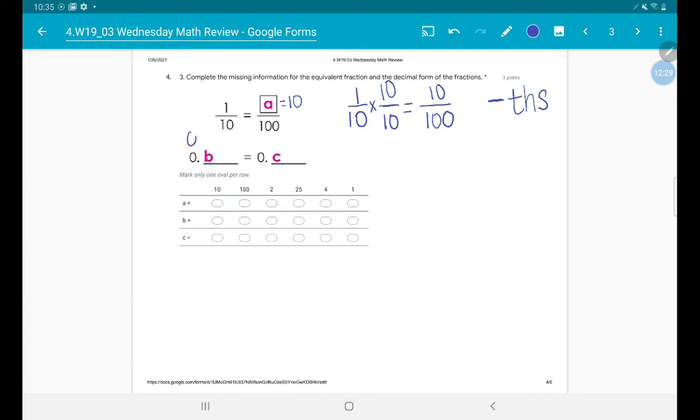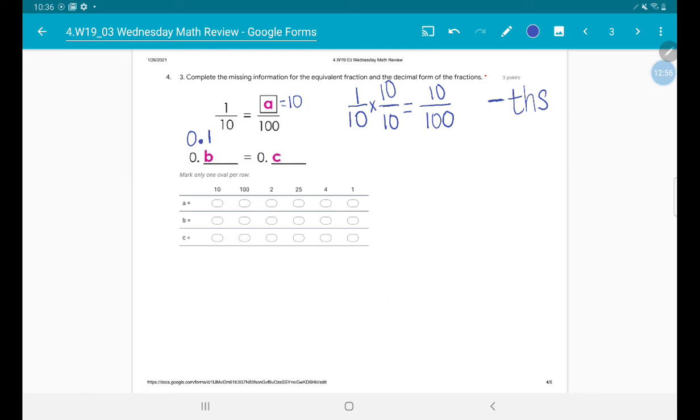So I have 0 wholes, decimal point, and I need to put that 1 in the tenths place value, which is the first place value after the decimal point. So 1/10 written as a decimal is 0, a decimal point, and a 1. So B is equal to 1.